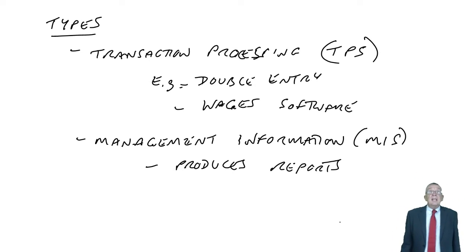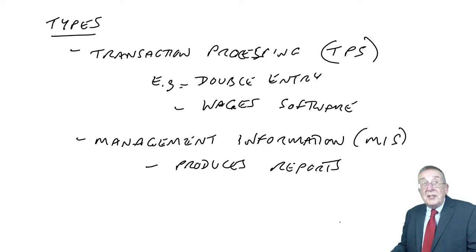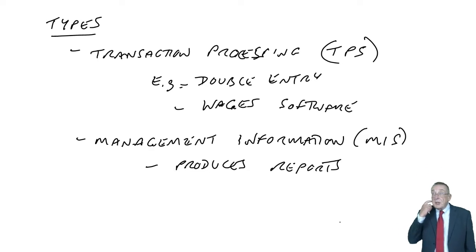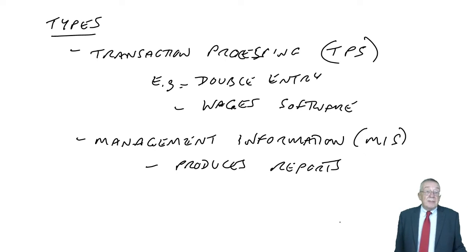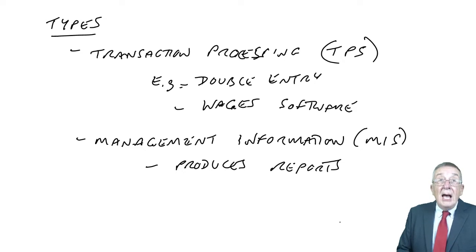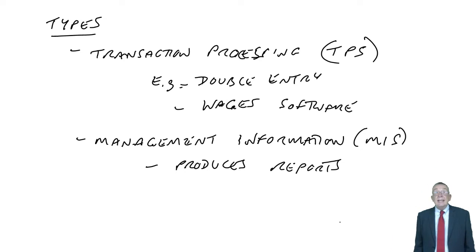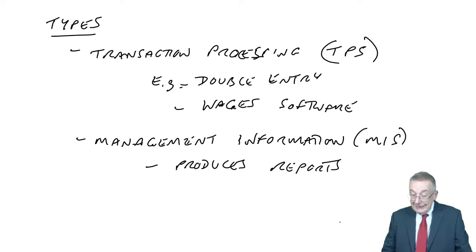So, for example, wages. Obviously, all the wages are recorded in the transaction processing, so they're all on the computers. But maybe we need reports every month as to what the total wages are in each department.